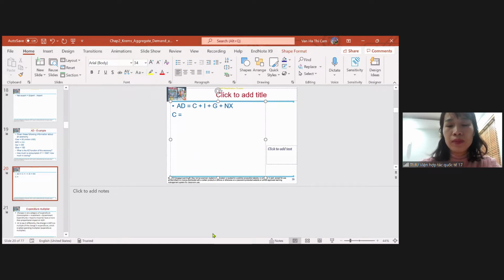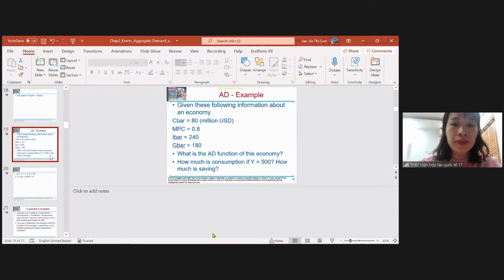Can you tell me the function of consumption? Do you remember? Consumption function equals C bar plus MPC multiplied by Y. Actually it is YD, which also includes tax, but in this example we have no tax, so we assume this economy doesn't have any tax and we just ignore it.